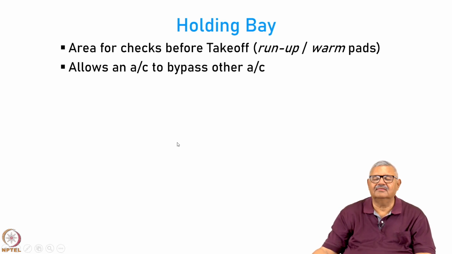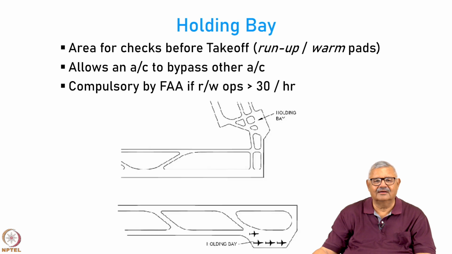So, what can be done is you can create these holding bays where you can bypass the other aircraft, and if the operations of the runway are more than 30 per hour, then the FAA mandates that there must be holding bays. You can notice here these are holding bays. This aircraft, for example, is arriving and these are already holding there, warming up, and they will go one by one.